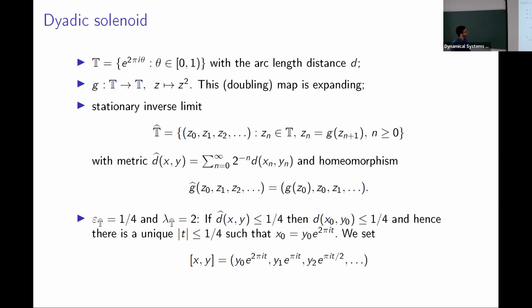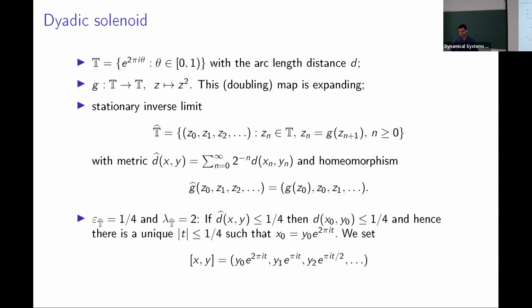Another example, the dyadic solenoid. Take the unit circle with the arc length and consider the doubling map. This is an expanding map in the sense that if you focus on points in the circle which are close enough and apply the doubling map, their distance will go further away, okay?